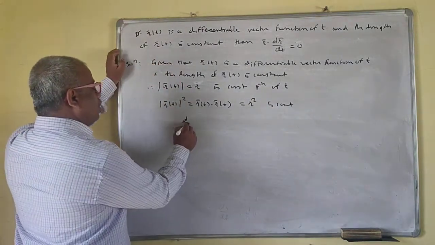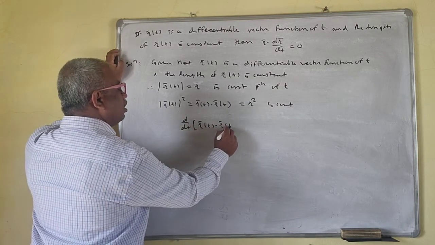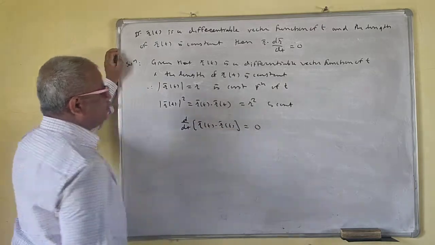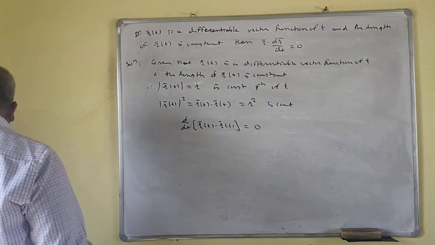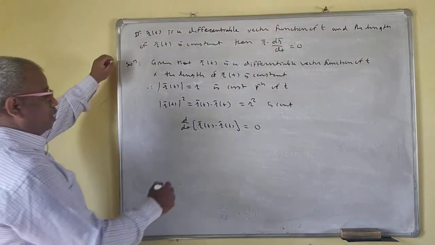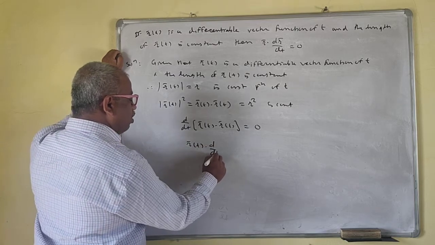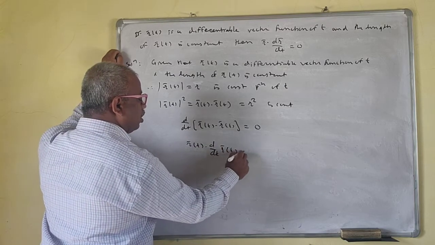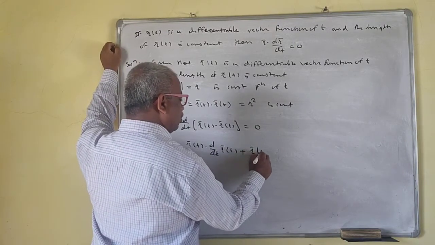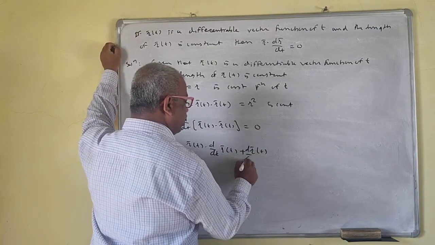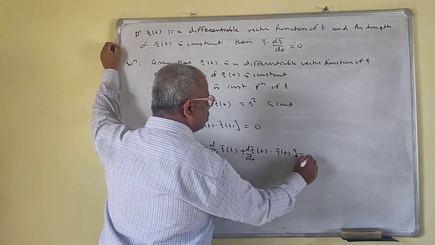Okay. So now d by dt of r bar dot r bar is equal to 0. So this is r bar dot d by dt of r bar of t plus the same thing here, d by dt of r bar of t dot r bar, is equal to 0.